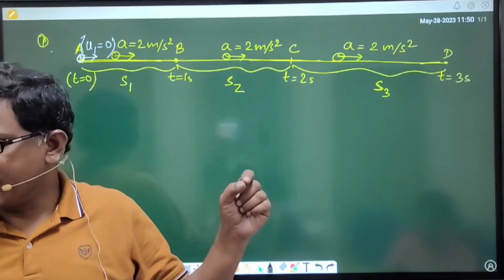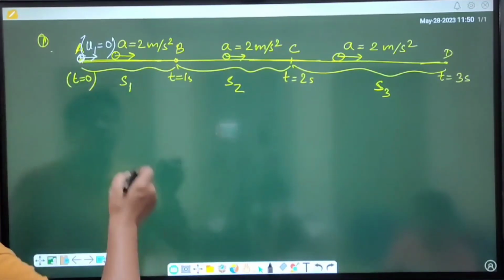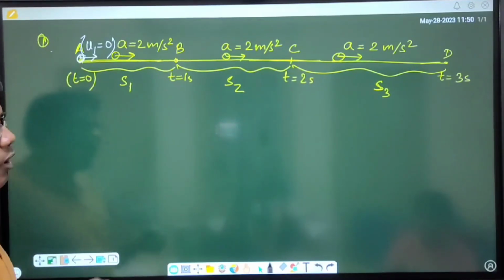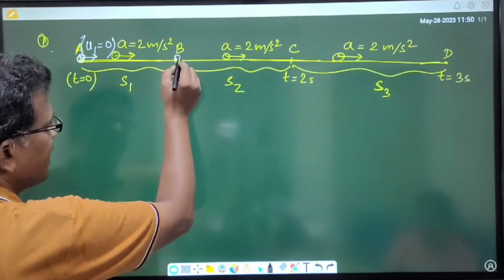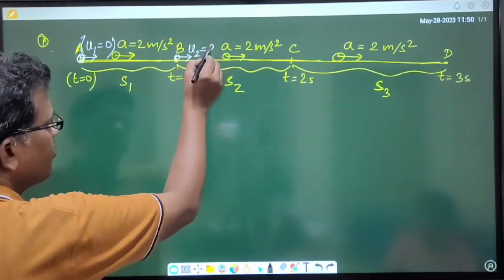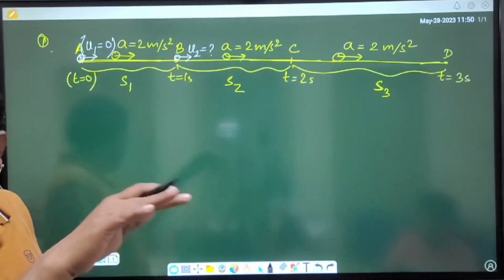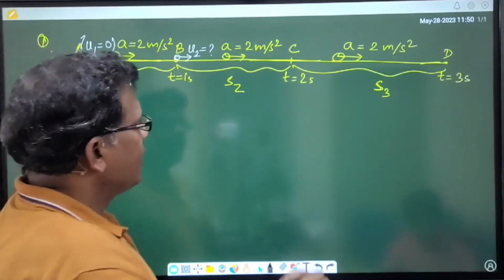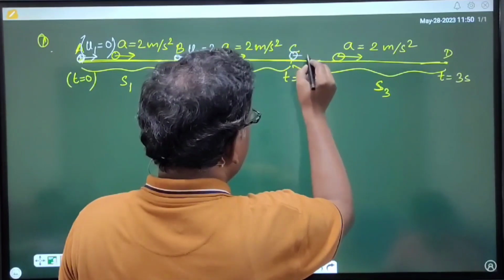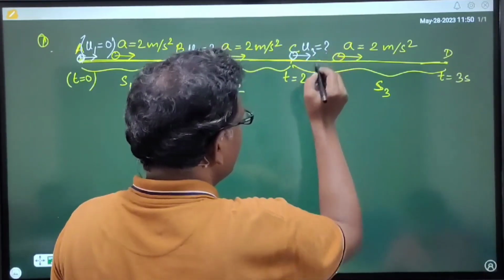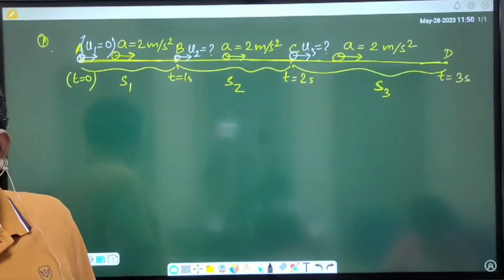Here velocity must increase. So if the starting velocity is 0, then definitely at the end of 1 second, that is at B, it must have some velocity u2 more than 0, because it is increasing. What exactly it is, we do not know. Similarly, at C, it can further have another velocity, let it be u3, which is again more than u2.